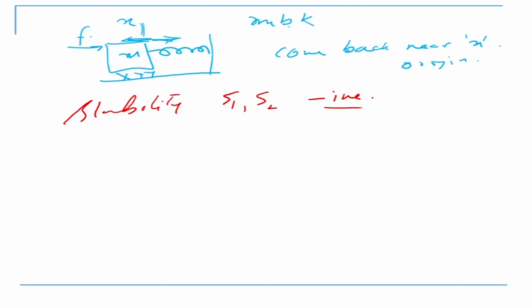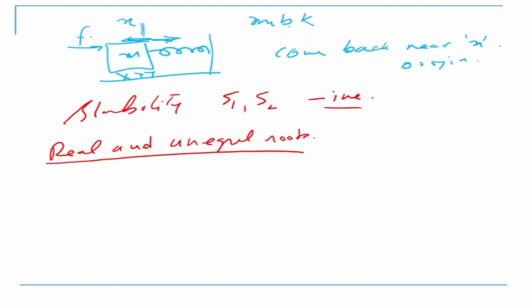For example, let's take the case of real and unequal roots. In this case, we can solve the differential equation m x double dot plus b x dot plus k x equal to 0.